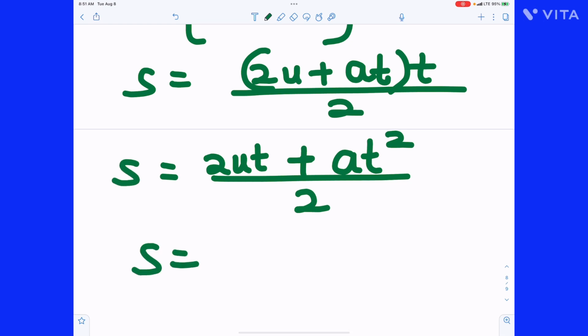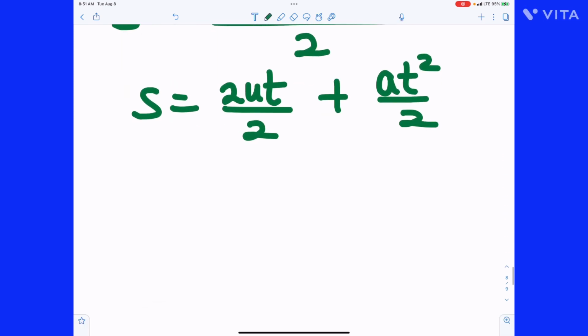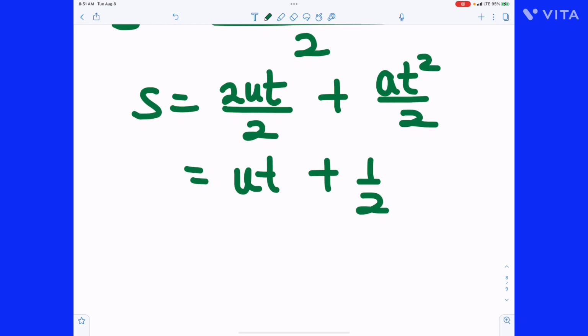So s is equal to, I can split my numerator, so I can write it as 2ut over 2 plus at squared over 2. Now, on this left side, 2 will divide 2. So I get s is ut plus half at squared.